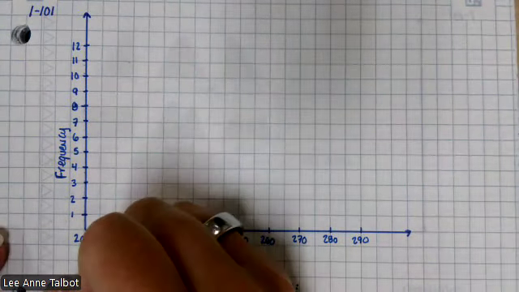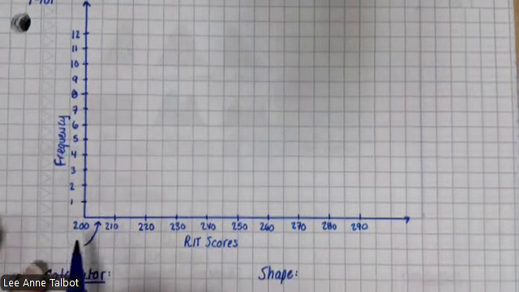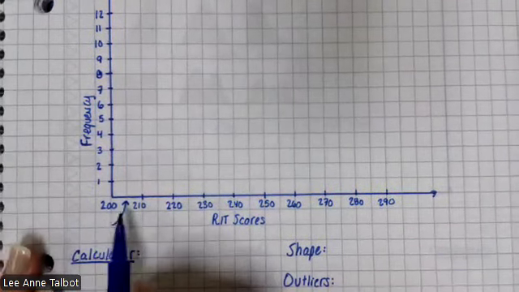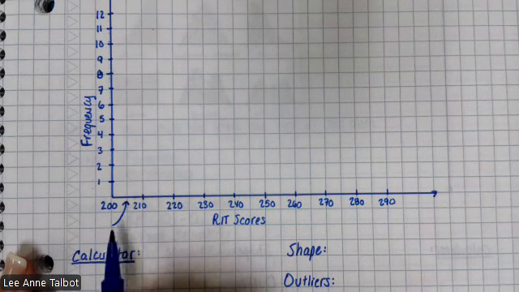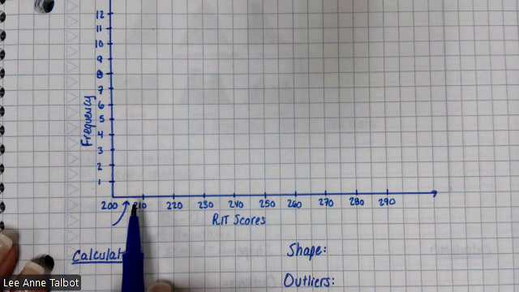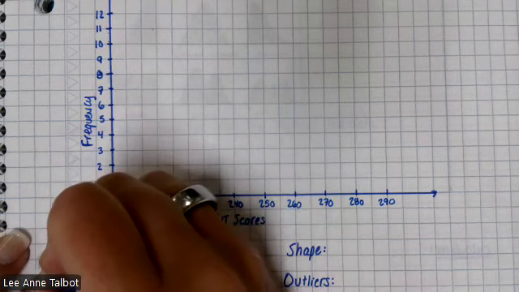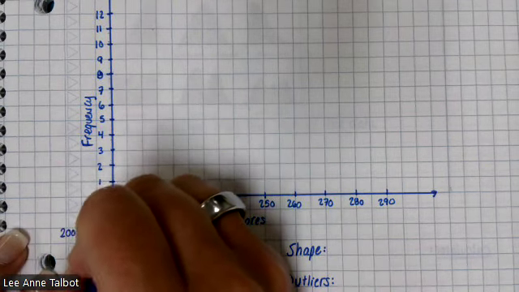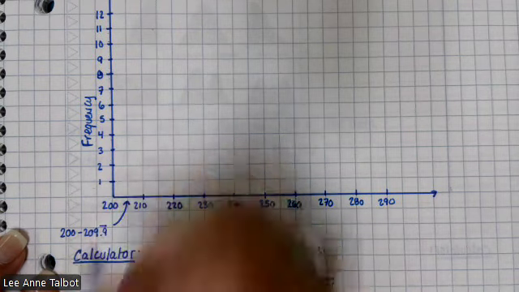There's one rule about histograms. The rule is that this bin, put a little arrow here, this is the most important thing. If you've tuned me out, this is the most important thing I'm going to say. This bin does not go from 200 to 210. It goes from 200 to 209.9 repeating.